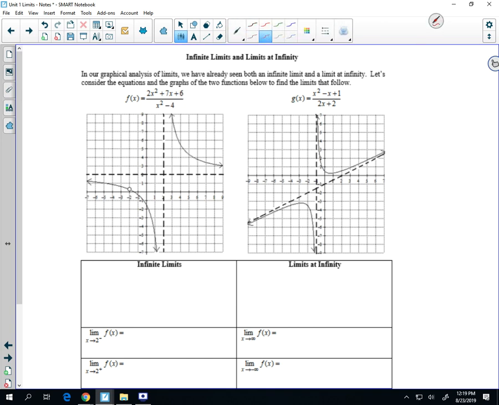Infinite limits is a limit as x approaches a, where a is a real number. So you always get either negative infinity or infinity.